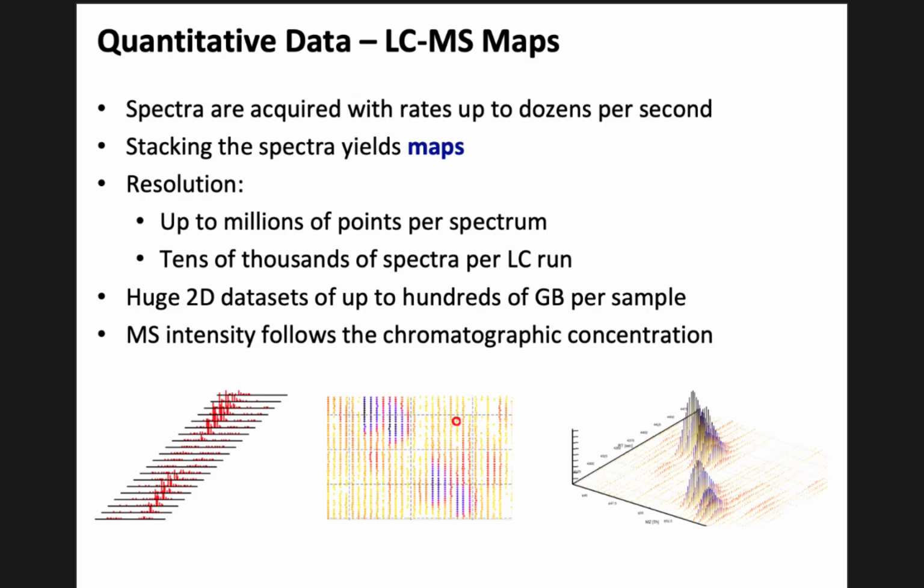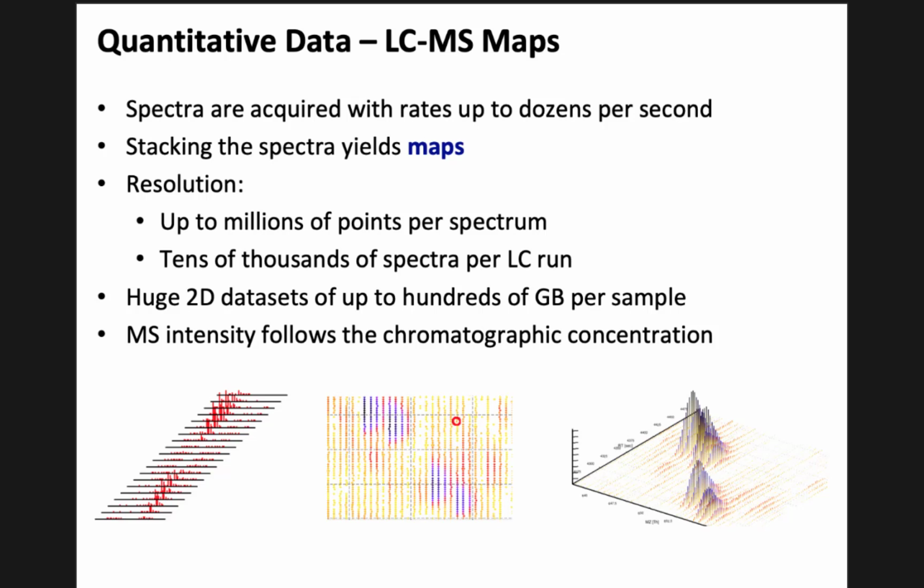If we take these spectra and have a bird's eye view on top of them and just color code each peak by intensity, then this is what it looks like. So now you have spectra going this way. Blue or dark is high intensity, yellow is low intensity, and this is retention time.